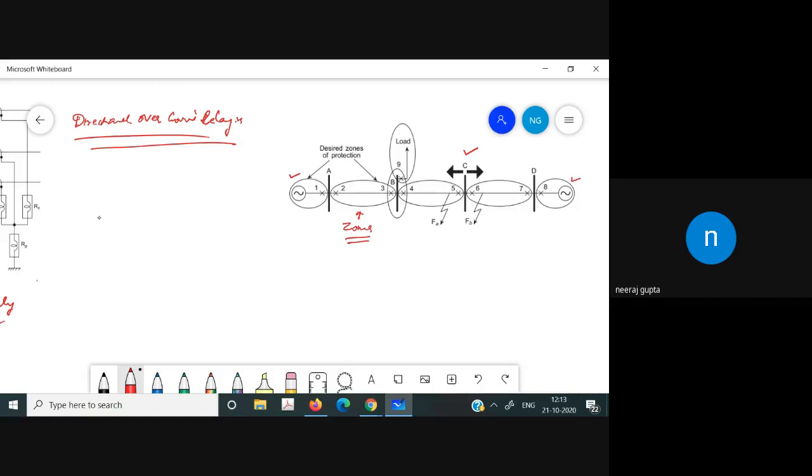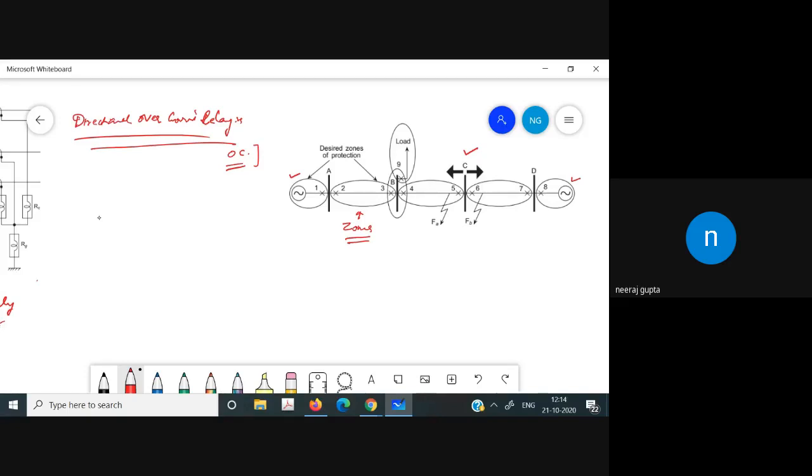We have to see whether the overcurrent relay will create the desired zone or not. We have to verify that, and if it will not, then definitely we will use some improvements in the overcurrent relay so that the desired zones can be generated.